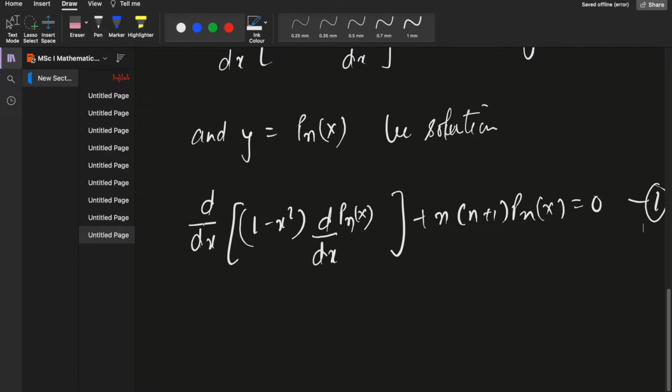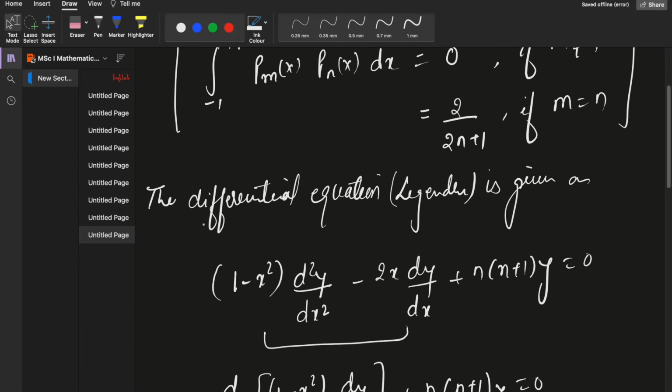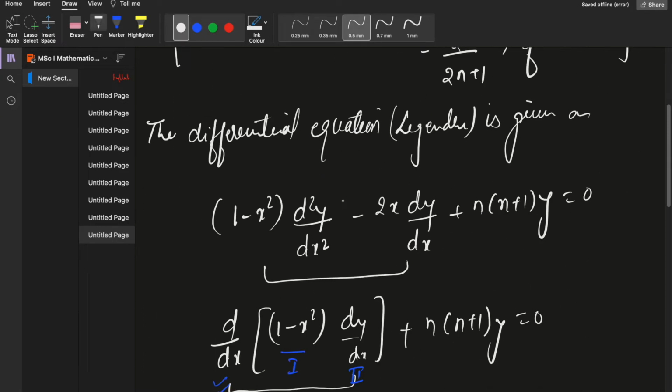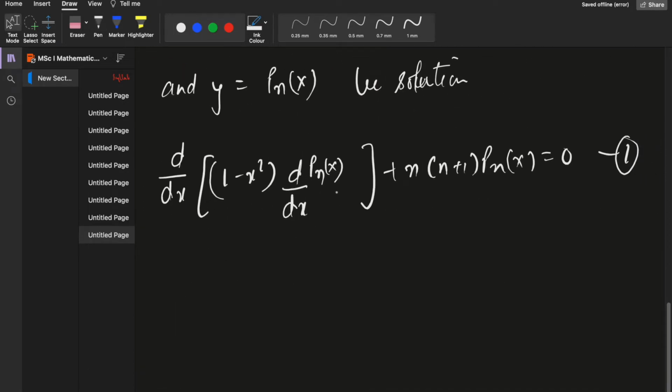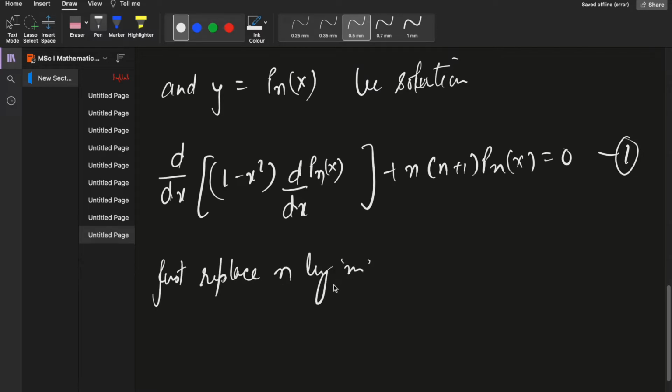And for the orthogonality property, we need two Legendre polynomials Pm(x) and Pn(x). So I need one more equation. Just replace n by m.